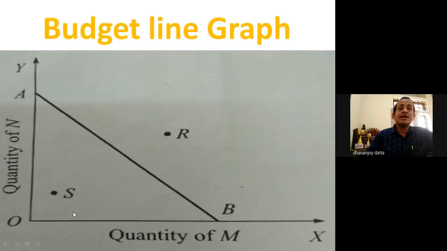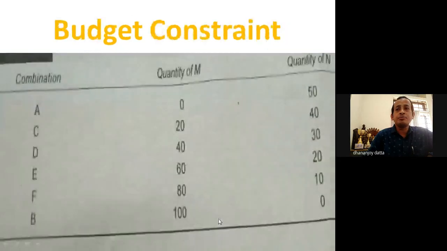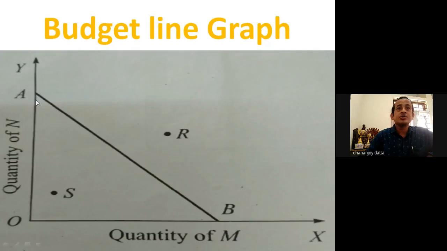Now in the budget line graph, you see how the budget line slope works. Here I am showing A to B, the slope of the budget line, where AB is the budget line.